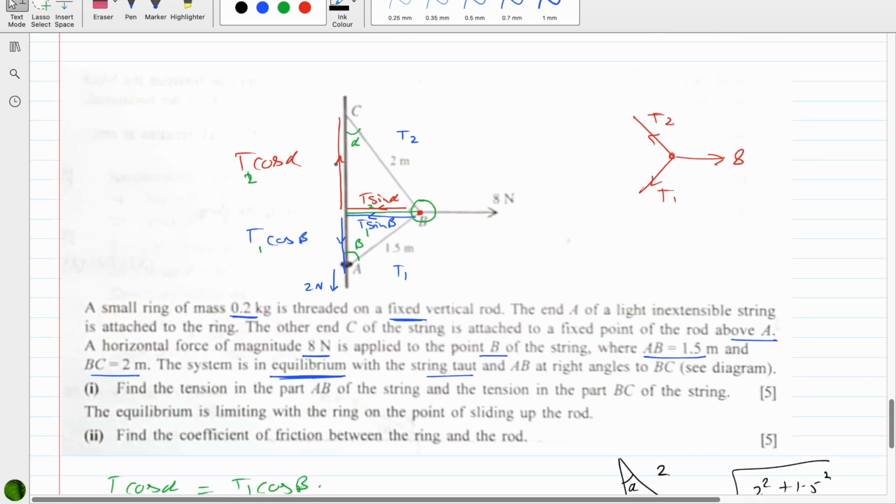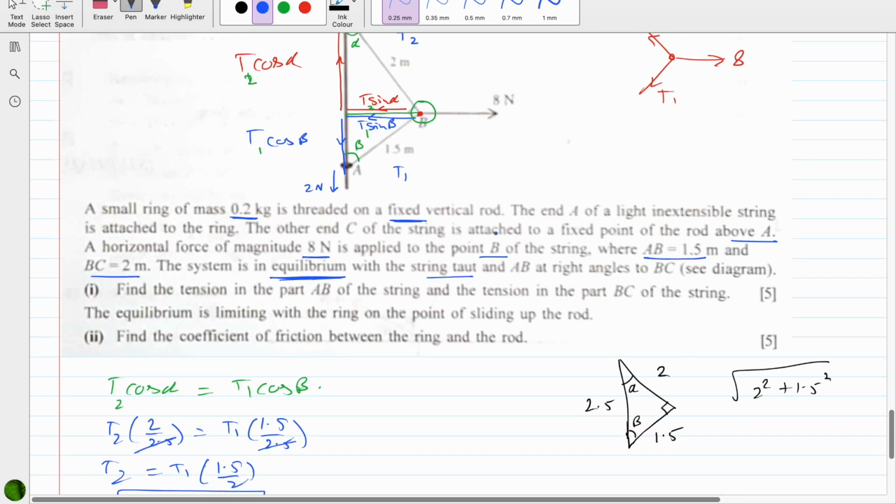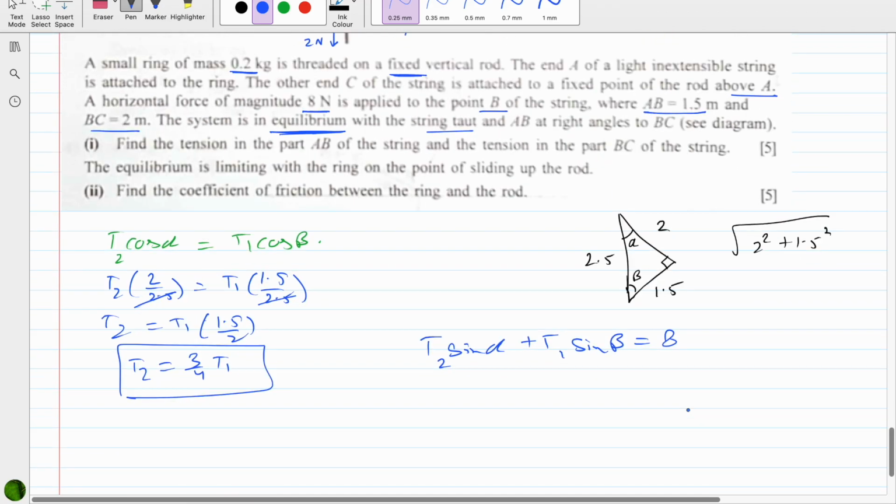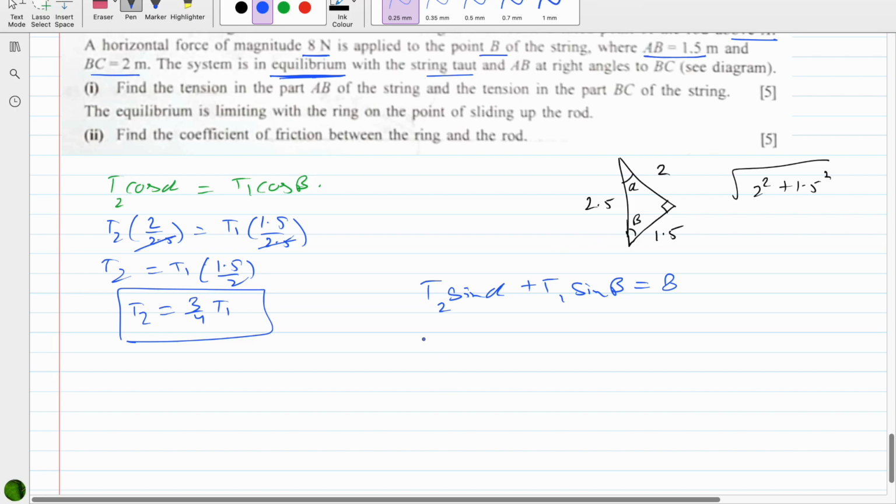When we are done with the vertical forces, now we are handling the horizontal ones. For horizontal, there are 3 forces: component of T2, component of T1 and 8. Towards left hand side is T2 sin alpha and T1 sin beta, and towards right hand side is 8 newtons. Again we use the same triangle.